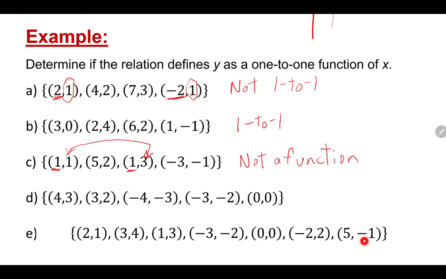X is 4, y is 3. X is 3, y is 2. X is negative 4, y is negative 3. Again, we're all good. X is negative 3, y is negative 2. Again, no overlap. X is 0, y is 0. No overlap. This is one-to-one.